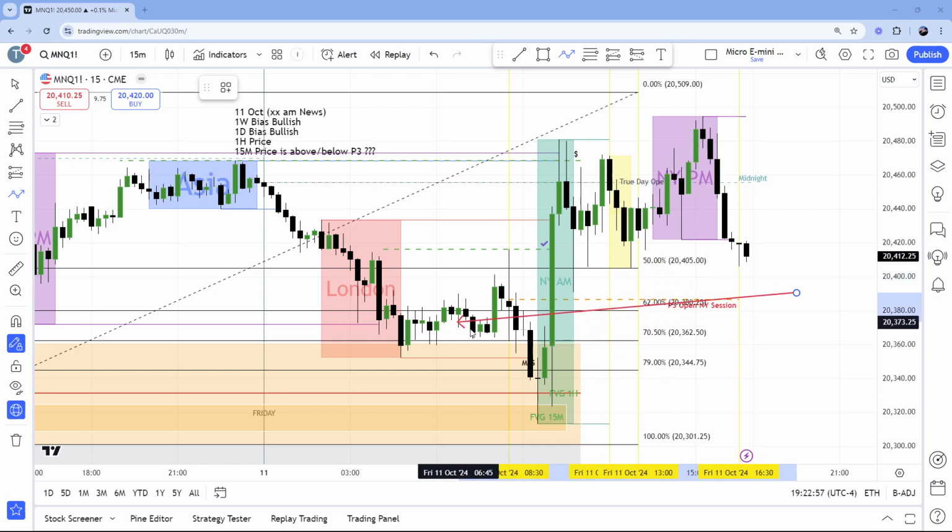So accumulation of orders, you can see there's a range. Then the manipulation happens where the traders will be trapped because some traders will be misled to go short here. So the algorithm does that, and the smart money will use that as an opportunity to buy because they have a large quantity of buy orders.